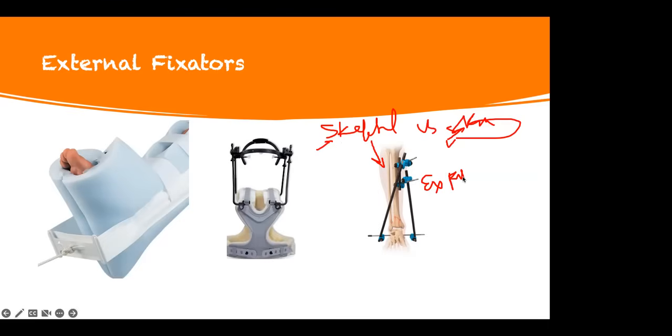You can see the rod is going through the bone itself and stabilizing it. This one has nothing going through the bone. This is what we call Buck's traction. Buck's traction is a form of skin traction without involvement of the bone, but it's doing the job you need it to do.